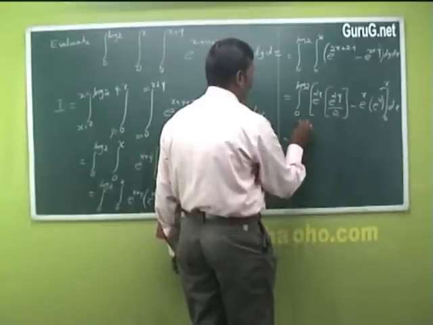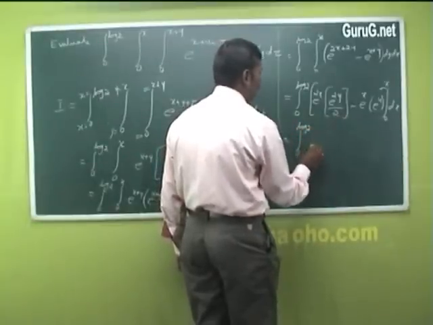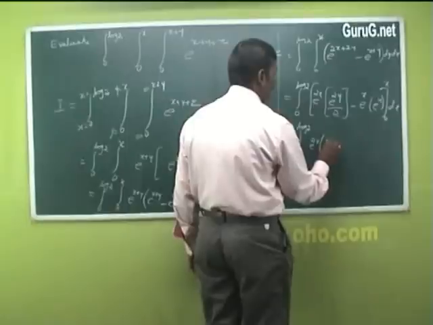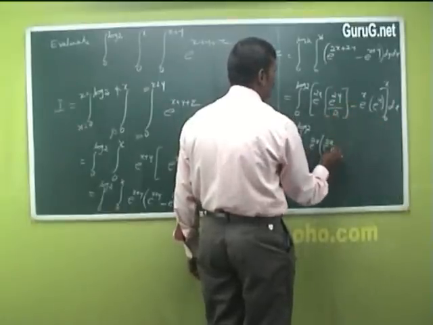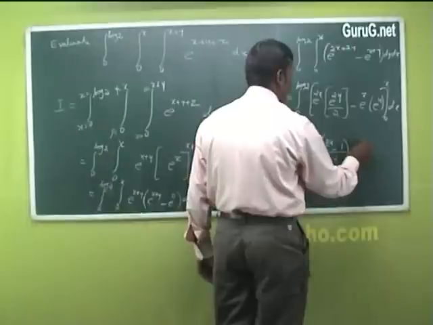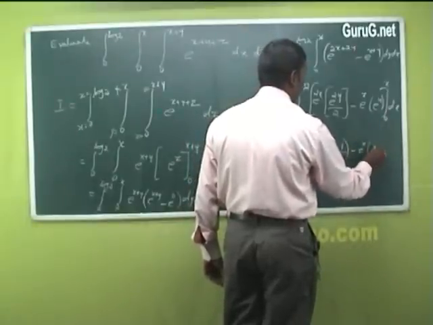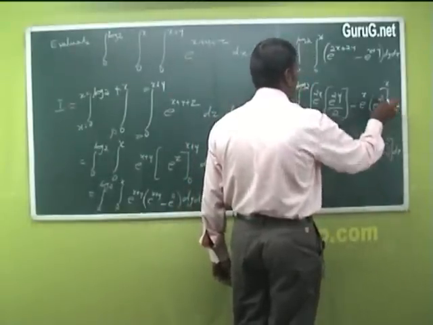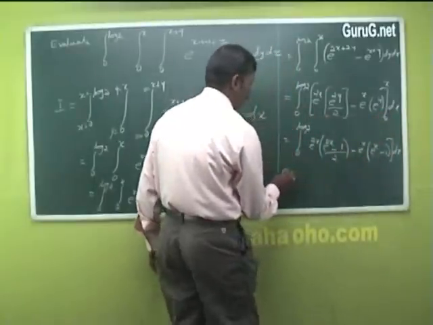Integral 0 to log 2, substitute the limits: e power 2x into, substitute the upper limit, e power 2x minus e power 0, 1 by 2, minus e power x into e power x minus 1 into dx. Upper limit minus lower limit.